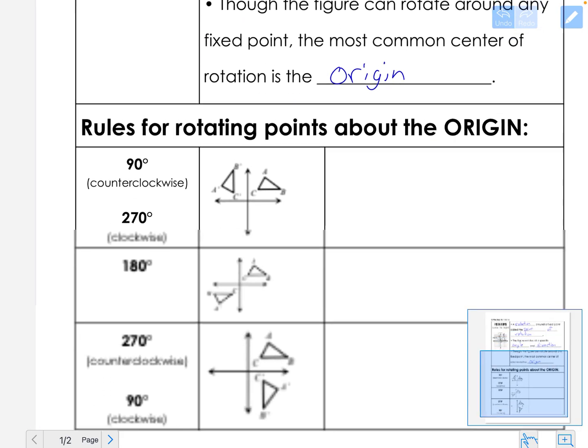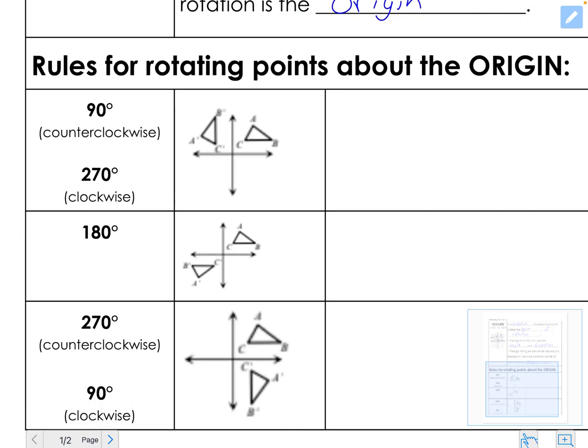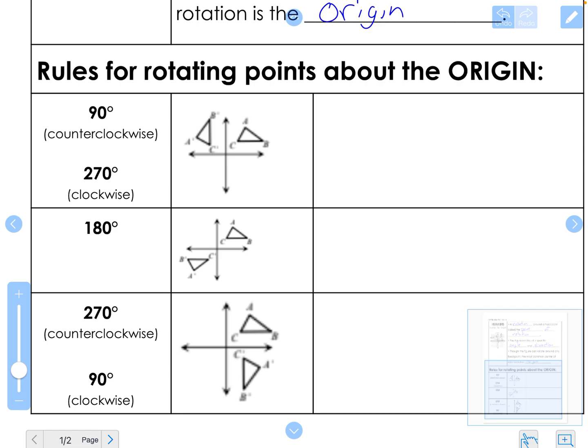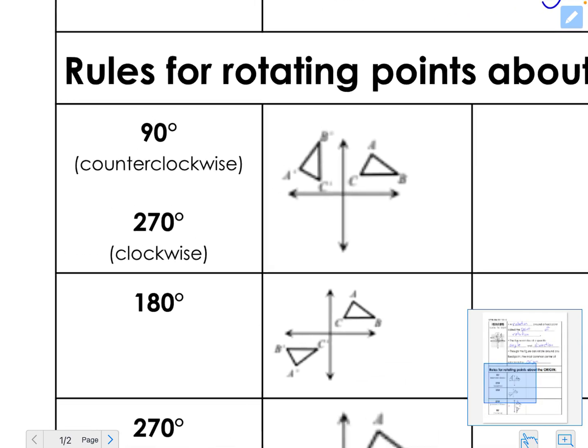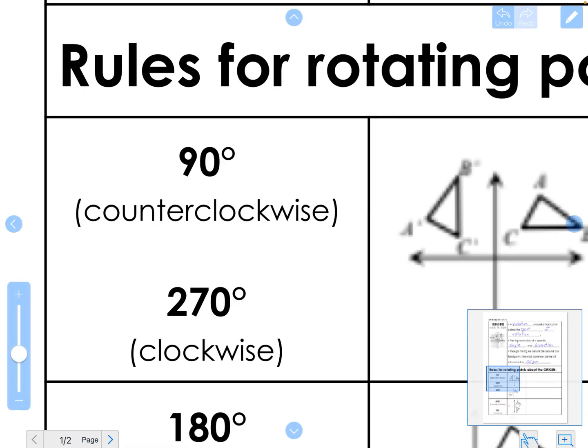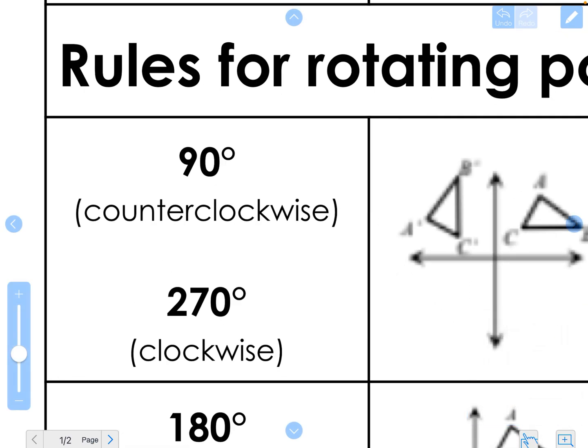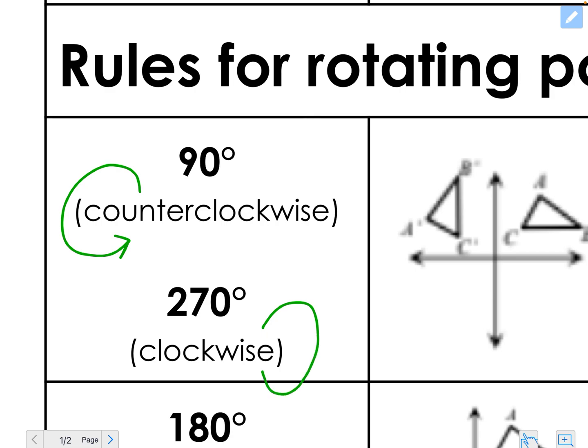So here are the 3 rules that we follow when we rotate shapes about the origin. So first thing I need us to understand is these 2 phrases, counterclockwise and clockwise. So counterclockwise is when we go to the left, whereas clockwise we go to the right. So think about it as if you're reading an old school analog clock.